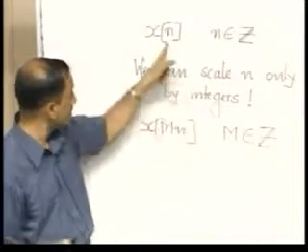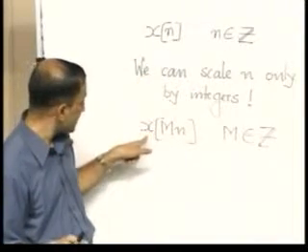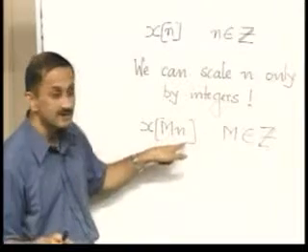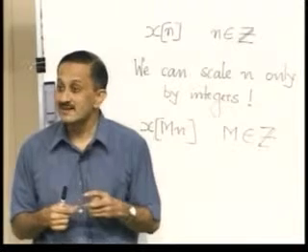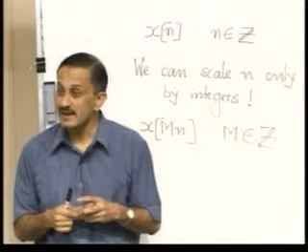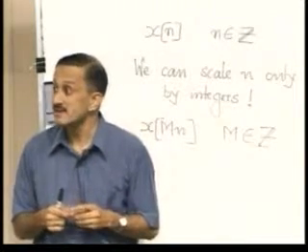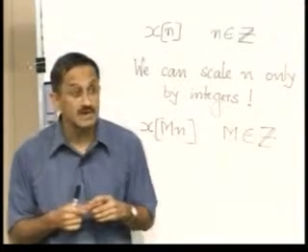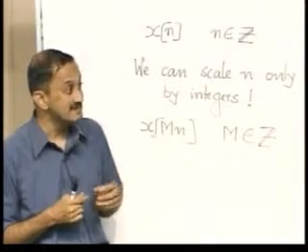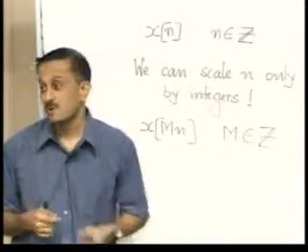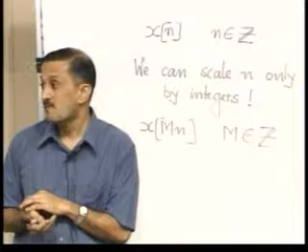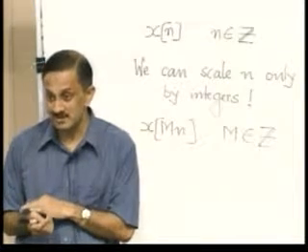I cannot scale. For example, suppose I write x of 2n. Suppose I choose n equal to 2. I cannot go back to x of n by writing x of half n. It has no meaning because n cannot be chosen to be anything other than an integer. And therefore, there is a fundamental loss of information or loss of content in the sequence.